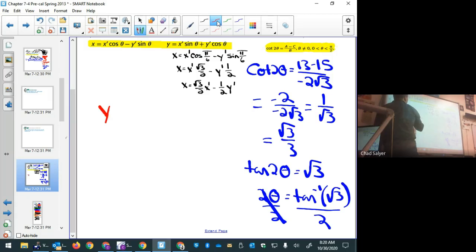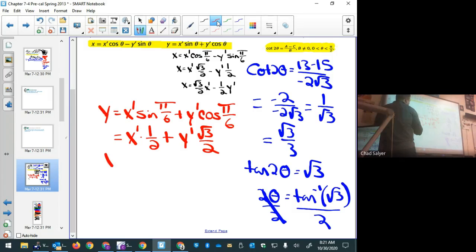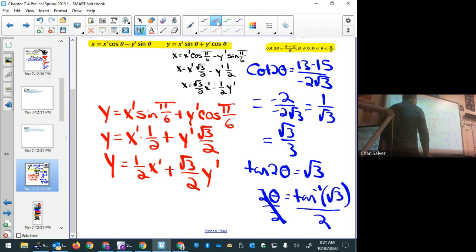So y equals x prime sine pi over 6 plus y prime cosine pi over 6. Remember the sine of pi over 6 is 1/2. Cosine is radical 3 over 2. So we get y equals 1/2 x prime plus radical 3 over 2 y prime.